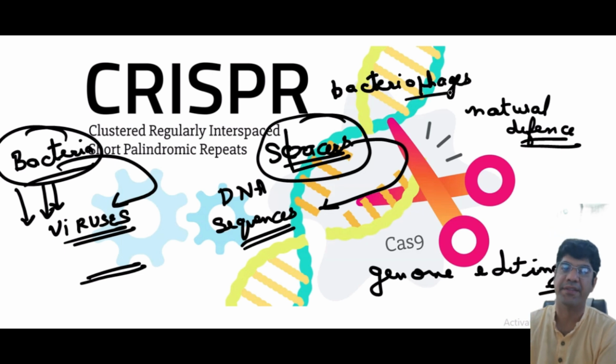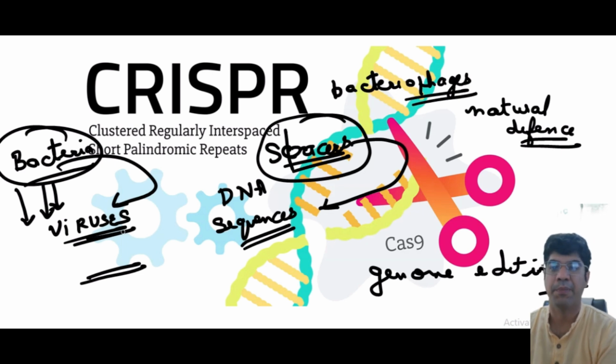So when a virus attacks, the bacteria capture a piece of the viral DNA. This piece is inserted into the bacterium's own DNA in this CRISPR region, creating a memory of the virus.